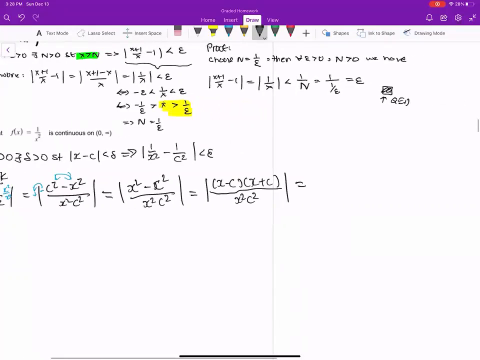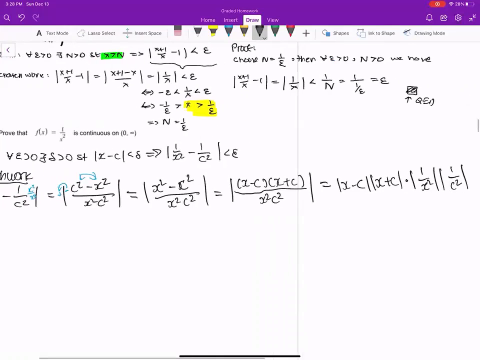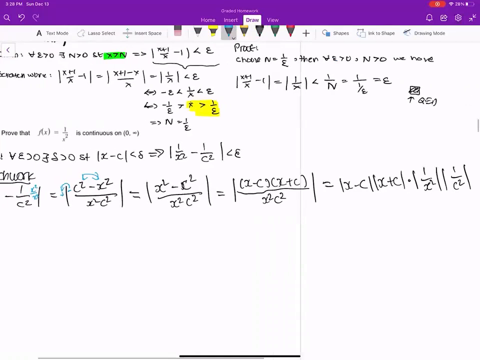This is equivalent to writing absolute value of x minus c, since they're multiplying terms, times absolute value of x plus c, times absolute value of 1 over x squared times 1 over c squared. The first thing to notice is that we have absolute value of x minus c less than delta. We want to find a bound for these two because they contain x and we need a way to bound them.